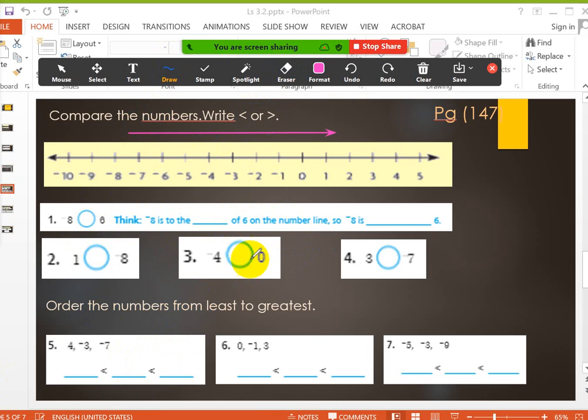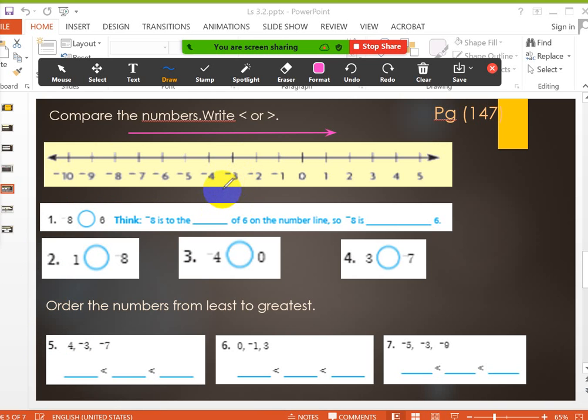Yes, Maria. First example is negative 8 and 6. First thing, I want to locate negative 8 on the number line. Where will it be?